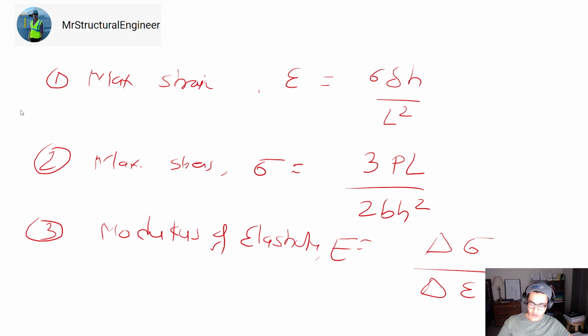So H, L, B, and H, these are the properties of the coupon. B is the width, H is the thickness, L is the span. The only variables that I don't know are deflection and P, deflection and load.